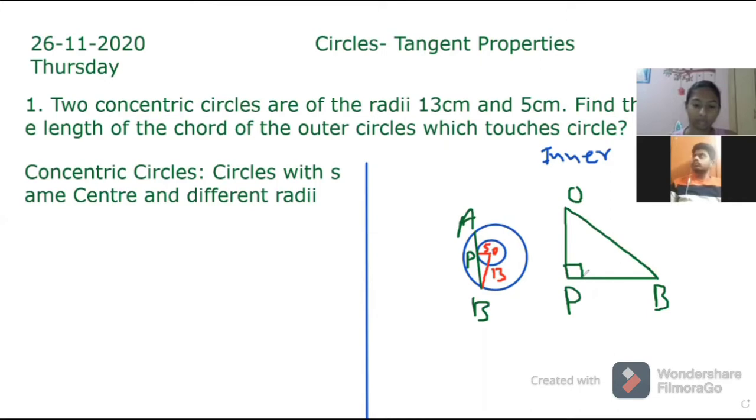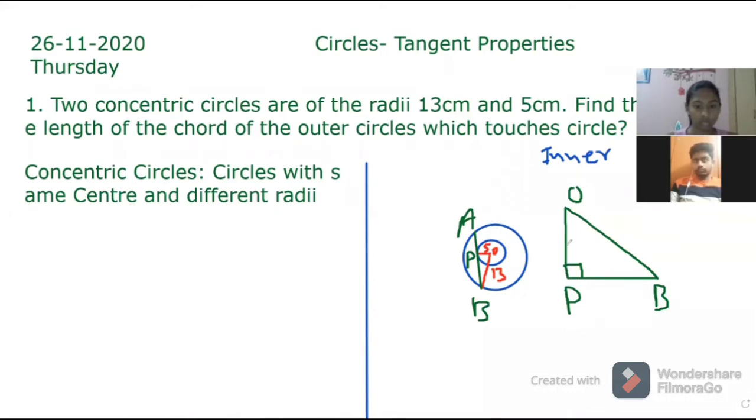It is not just a consideration, because OP is the radius, PB is the tangent, and AB is the tangent, and the relation between the radius and the tangent is perpendicular, that is 90 degrees.